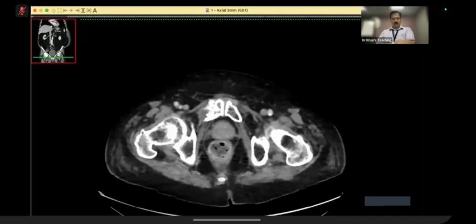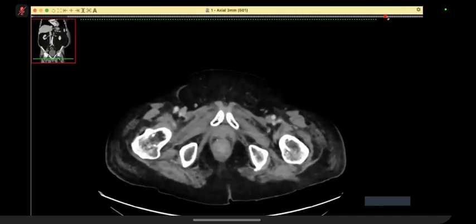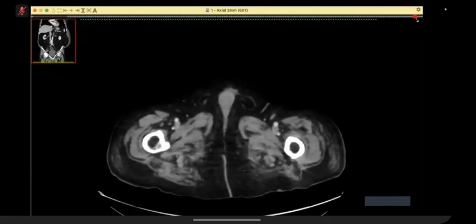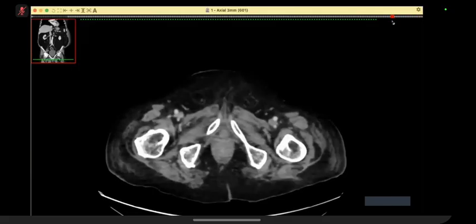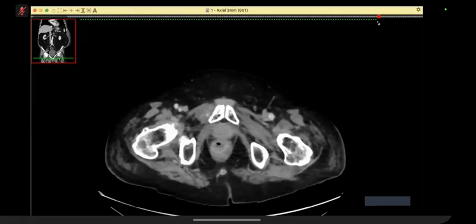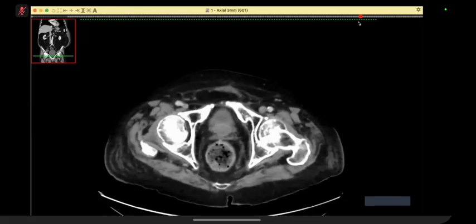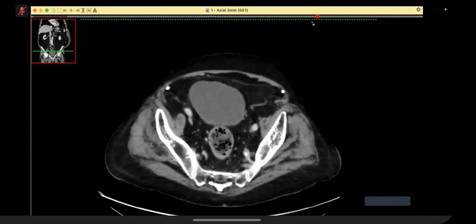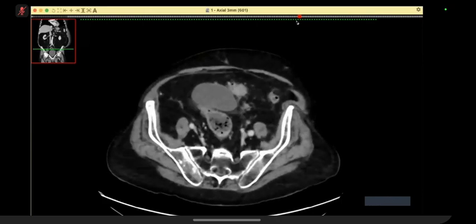Looking at the pelvic sections. The urinary bladder appears normal.